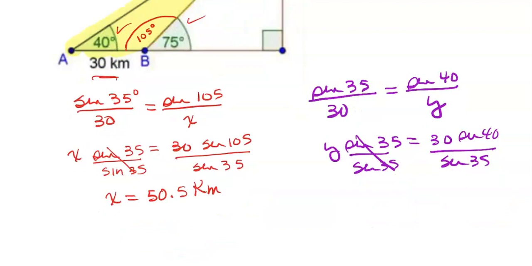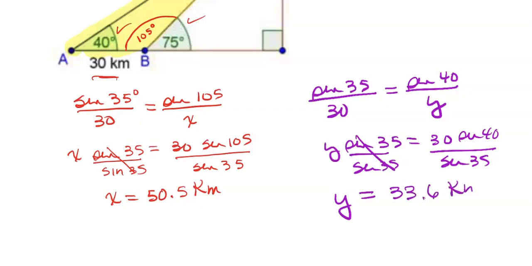Now, I can hit second entry because I just had that formula or something similar to it in my calculator. And instead of having sine 105 in my numerator, I have sine of 40. So I'm just going to replace the 105 with 40. And I'm going to get my next answer, which is y equals 33.6.